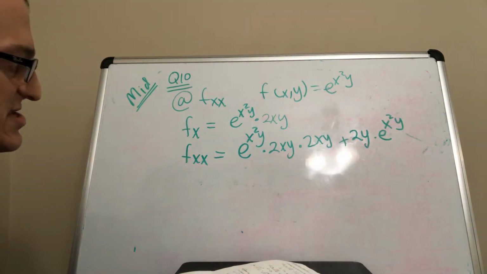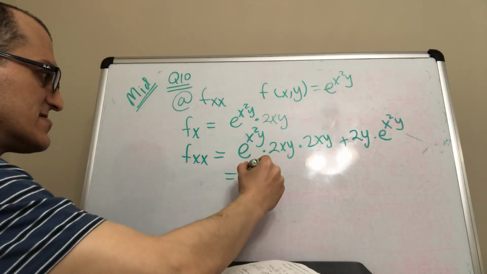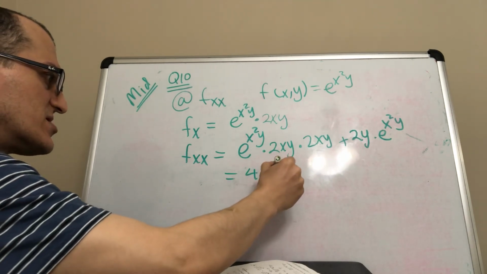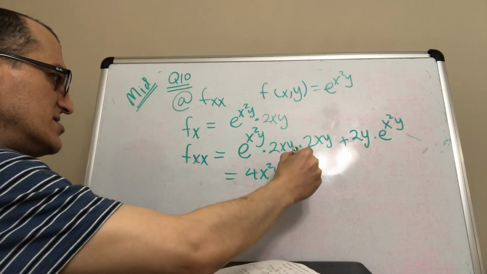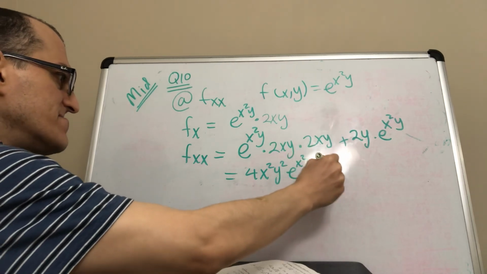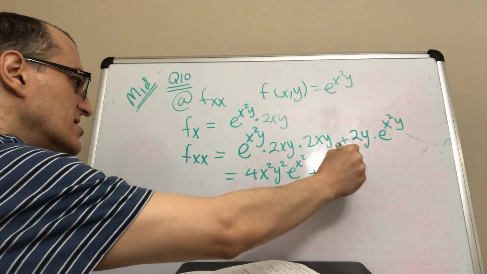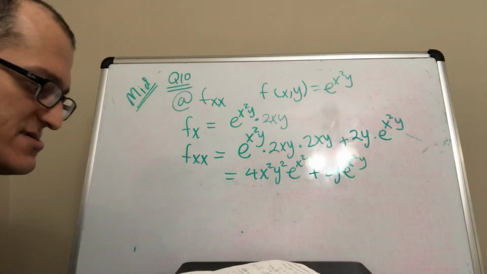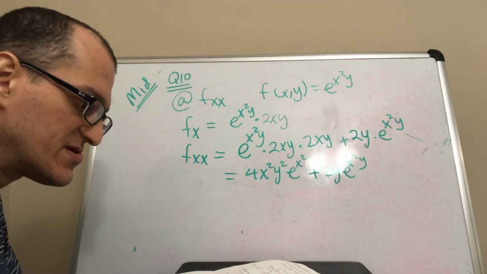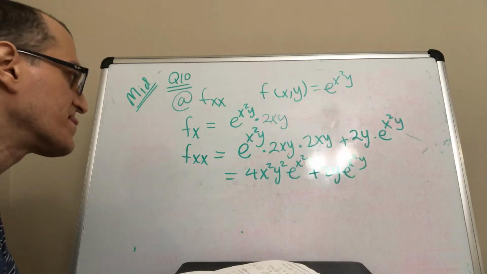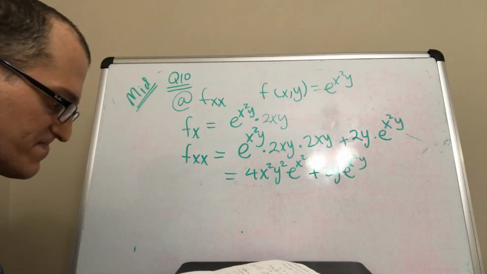If you do it, you can simplify this and say this is like 4x squared y squared e to the x squared y plus 2y e to the x squared y. This is if you're finding the derivative with respect to x two times.